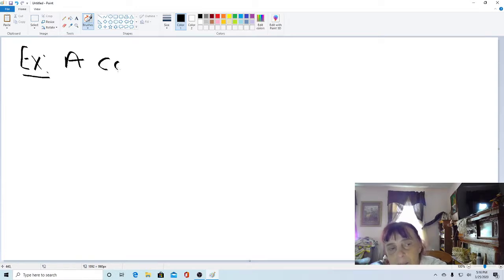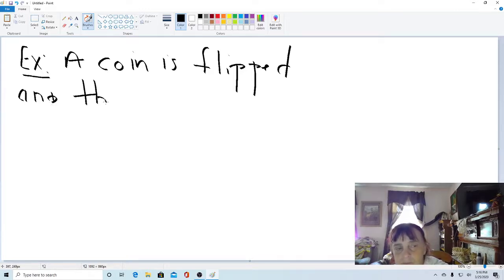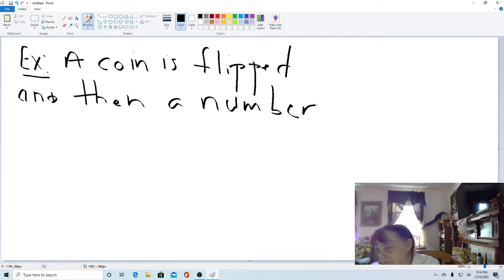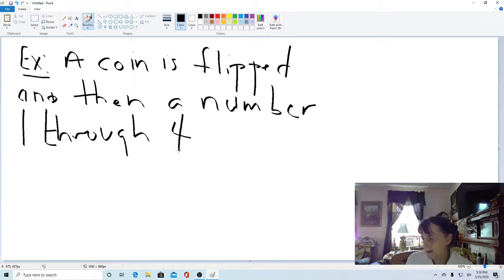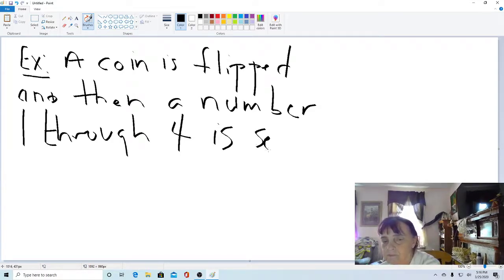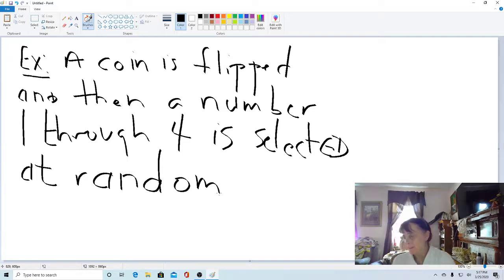A coin is flipped, and then a number 1 through 4 is selected at random from a bag.